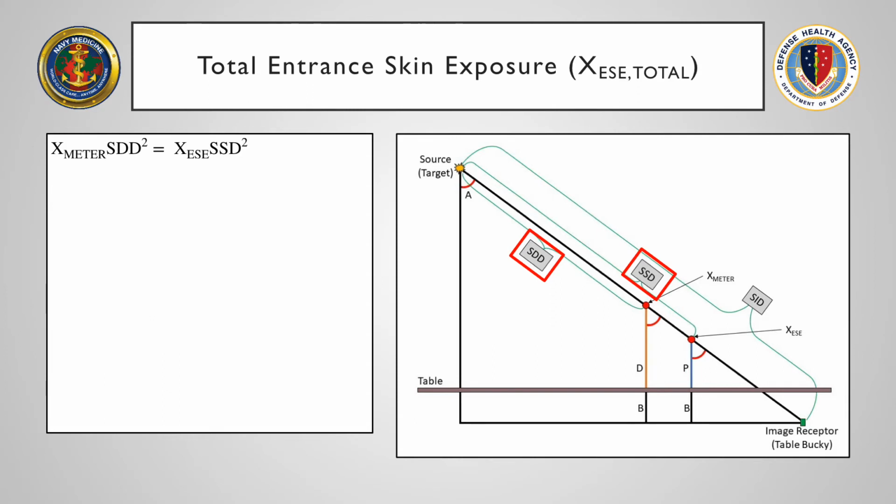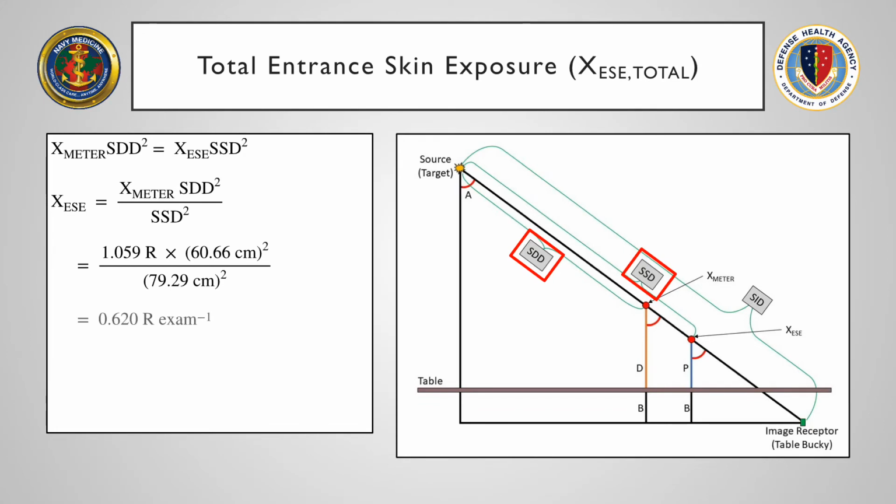So we rearrange our inverse square law so that we're solving for the entrant skin exposure, which equals the exposure at the meter times the source to detector distance divided by the source to skin distance squared. So 1.059 Roentgen times those values squared equals 0.620 Roentgens per exam. Now we did 2 exams, so I multiplied it by 2, which equals 1.240 Roentgen.